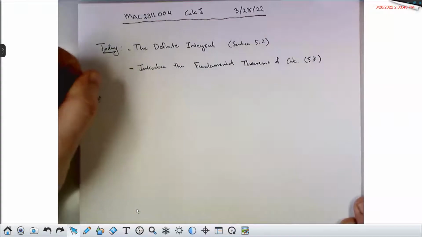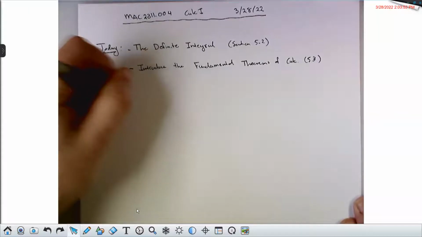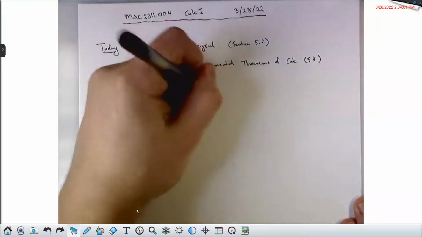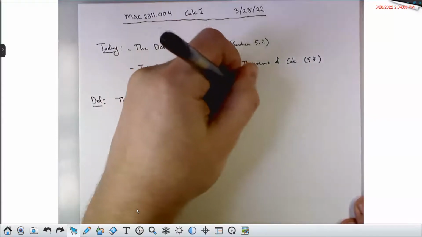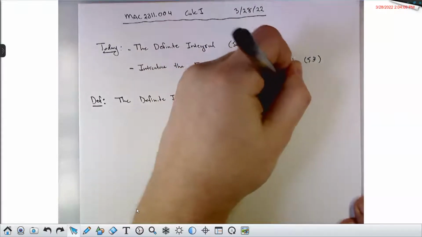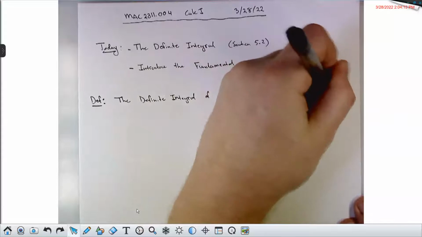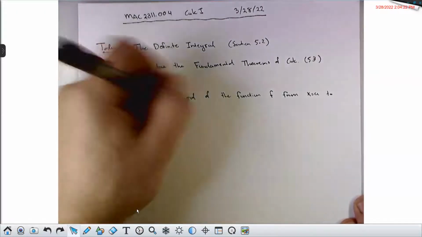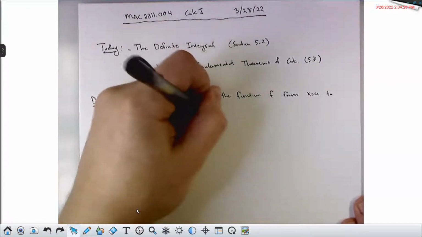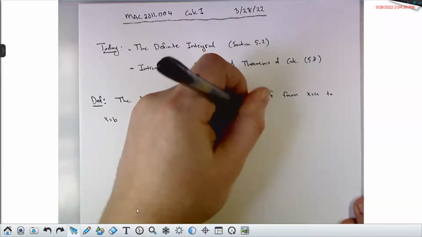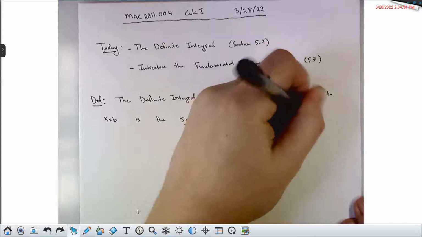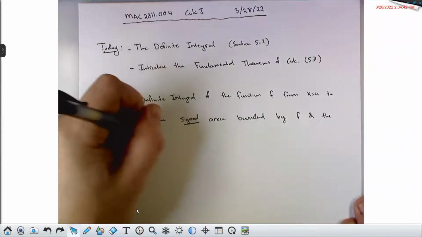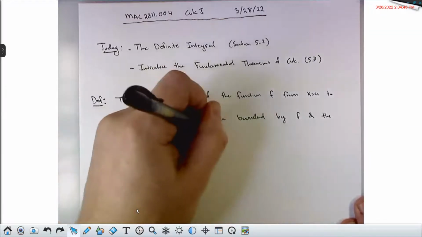Definition. The definite integral of the function f from x equals a to x equals b is the signed area bounded by f and the x-axis on the interval [a, b].